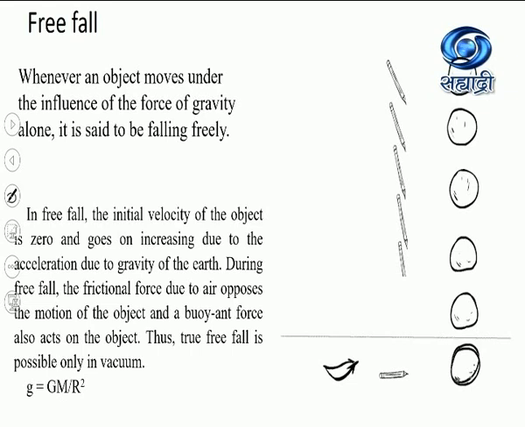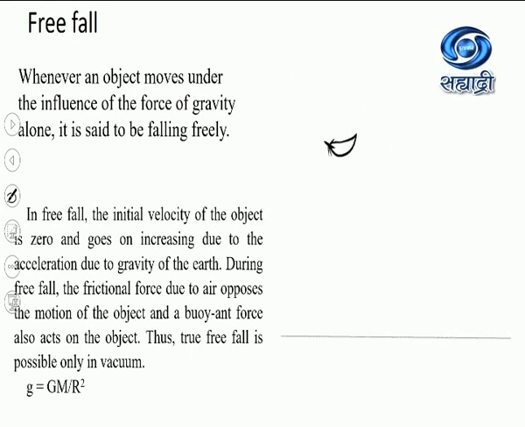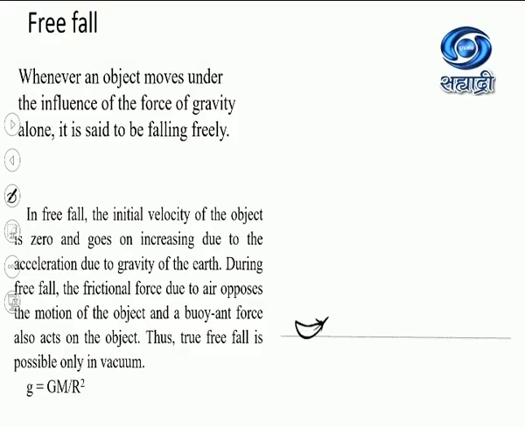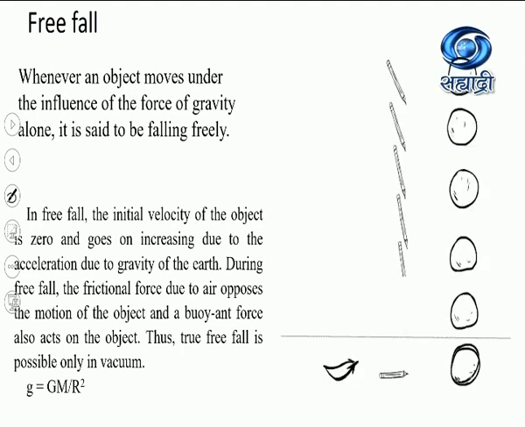So whenever an object moves under the influence of the force of gravity alone, it is said to be falling freely. In free fall, the initial velocity of the object is zero. It goes on increasing due to the acceleration due to gravity of the Earth.